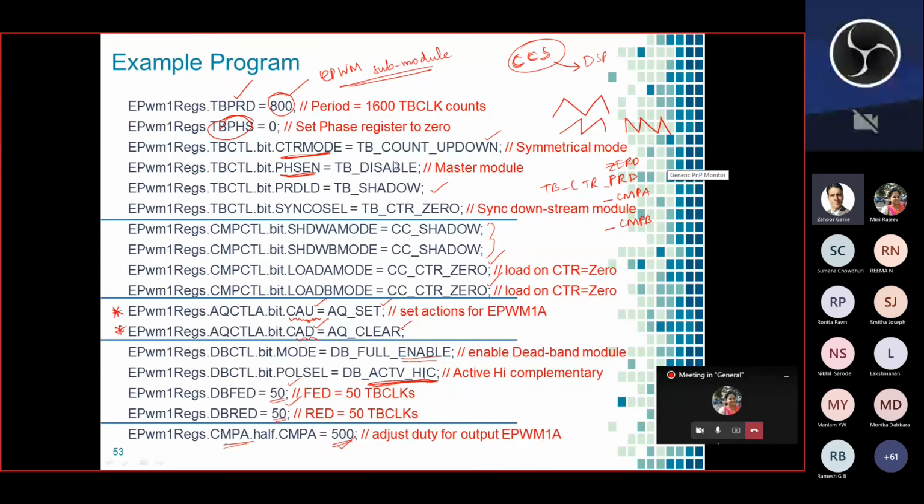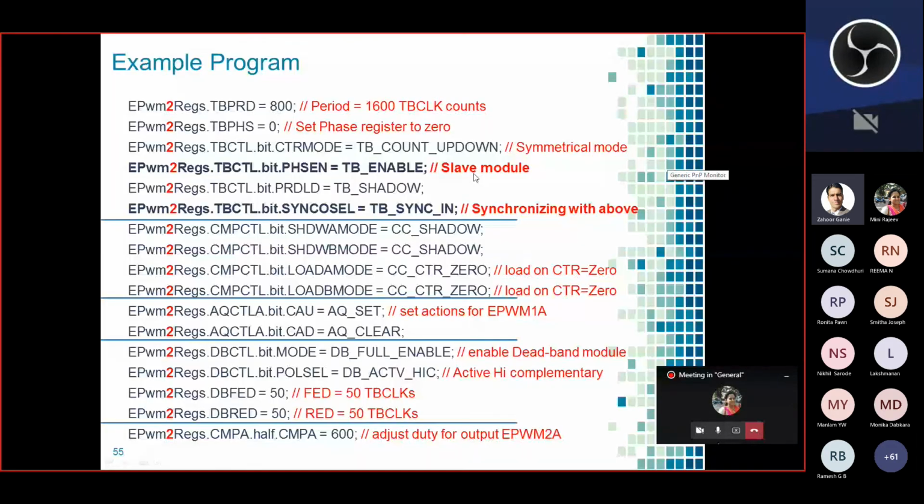So if you enable this phase and give the synchronization value here, you can see synchronize in. If it is given as time-based sync in, it will be synchronizing with the previous one. Otherwise, if you want to give the phase shift here, you should define some time-based counter value and that value should be entered over here. Like we have entered for compare as 600, that calculation must be done. So how much phase shift you want to give, accordingly you have to enter the value here.